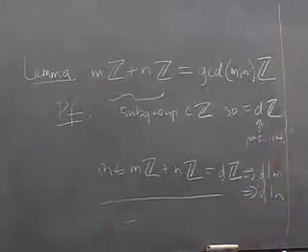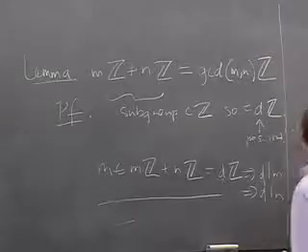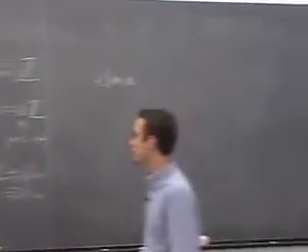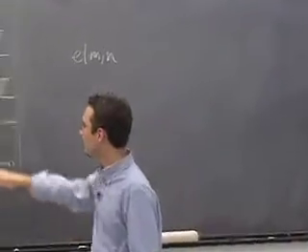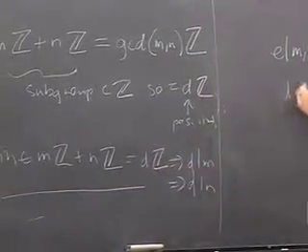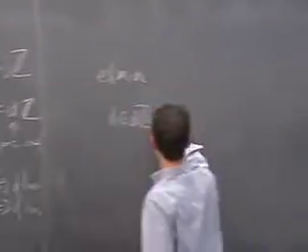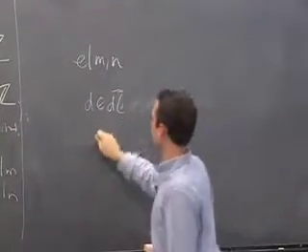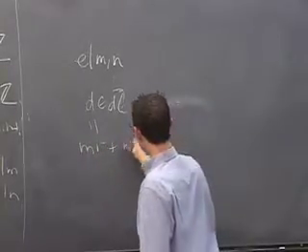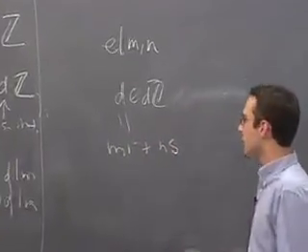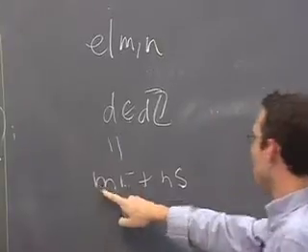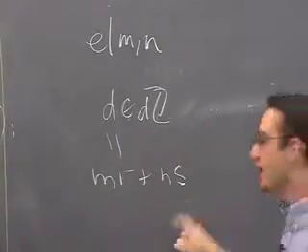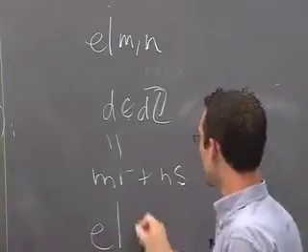Second part, well, suppose I have e dividing m and n. Well, because d is in dZ, I can write d as mr plus ns, and if e divides m and e divides n, then e divides mr plus ns, and hence e divides d.